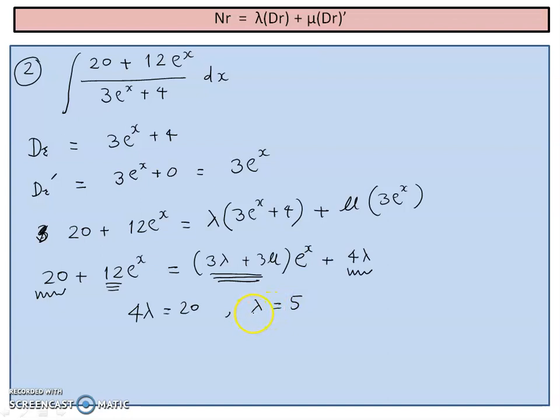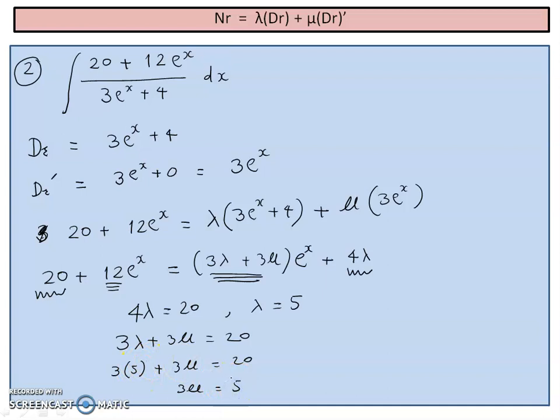समझ गए बच्चों? And 3 lambda plus 3 mu is equal to 20. बराबर है? तो 3 into 5 plus 3 into mu is equal to 20. So 3 mu is equal to 20 minus 15, that is 5.